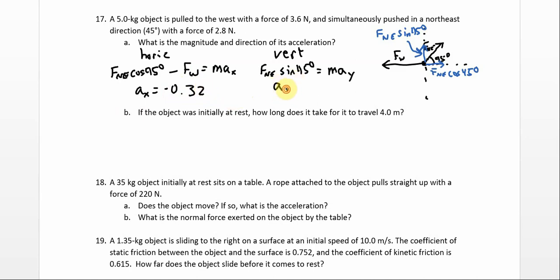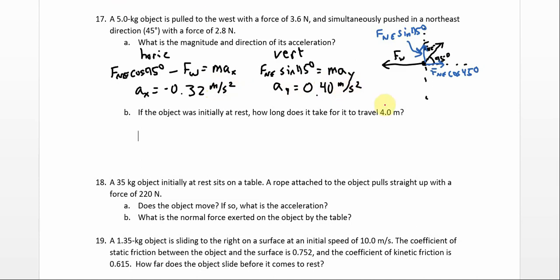Okay, and Ay, I have all of this, and I'm going to divide by m. So this will be 2.8 times sine of 45 divided by 5, giving me 0.40. Sorry, these are both meters per second squared.